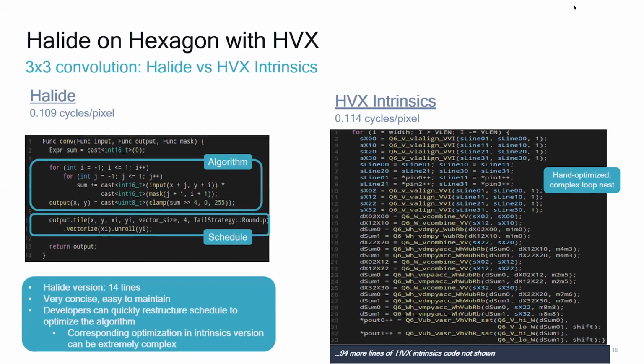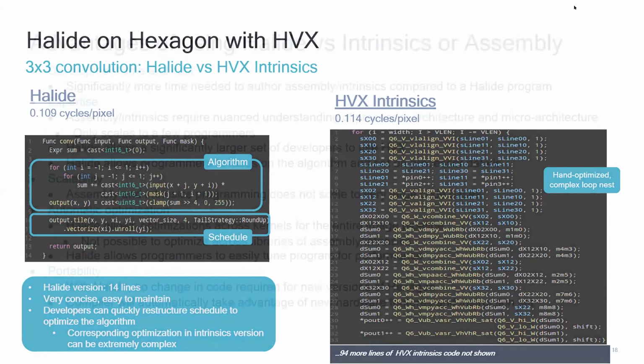So Halide, 14 lines of code, very concise, easy to maintain. Developers can quickly restructure the schedule to optimize the algorithm. Whereas on the HVX side, it is, I think, 130 plus lines of code, because 94 lines are not shown here. So this is the first example.